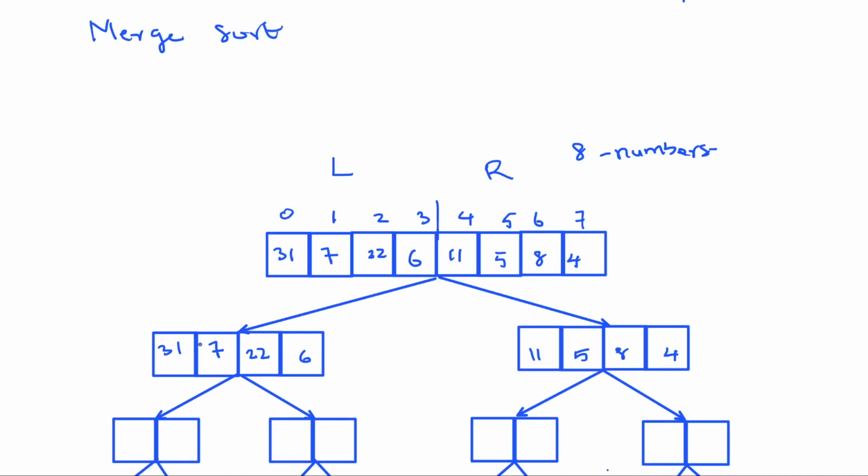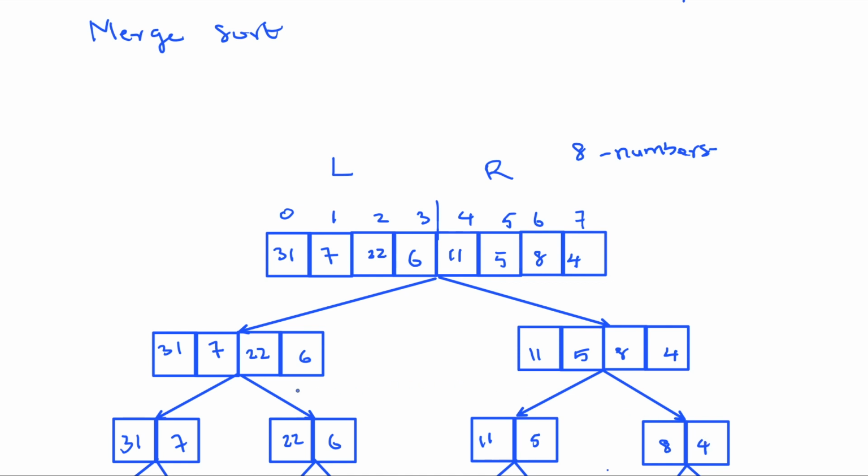Now I will be dividing each subarray again into two halves. So I will have 31, 7 as the left subarray of this one, then 22, 6 as the right subarray of this bigger array. Then for the second half I will have 11 and 5 as the left subarray, and 8 and 4 as the right subarray.